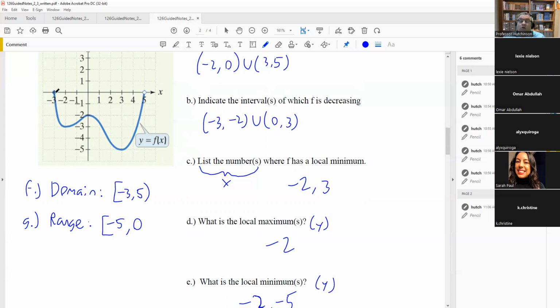Because I have a closed circle here, this point is -3, 0. That's an actual point on the line itself. So the y value of 0 should be included, which means I do need to put a bracket on that one. That would be your domain and the range for that one.